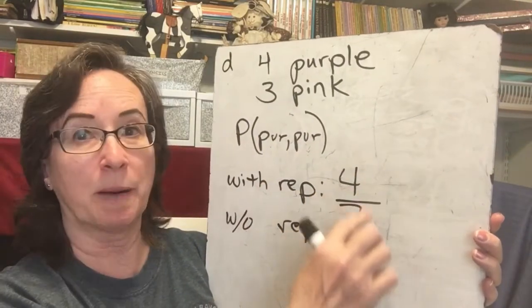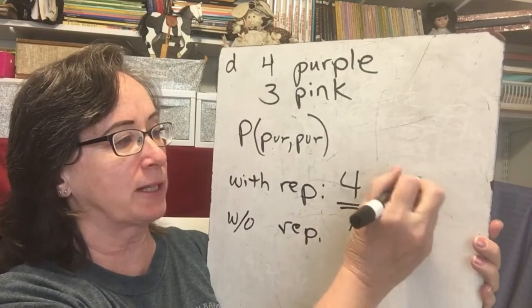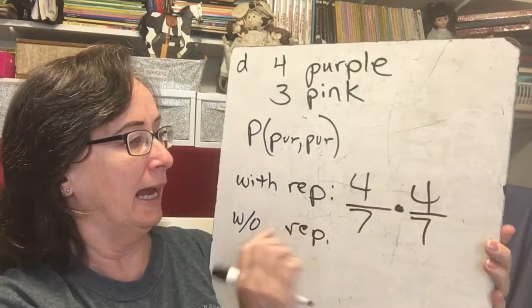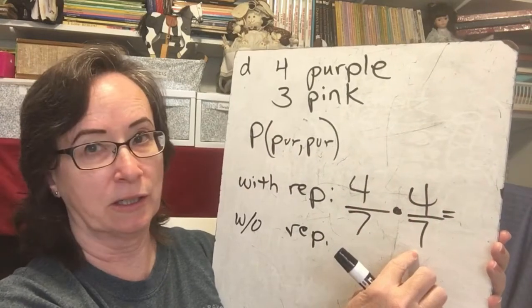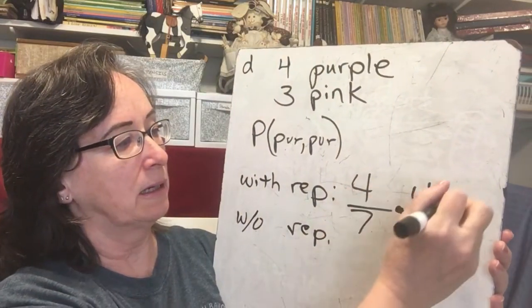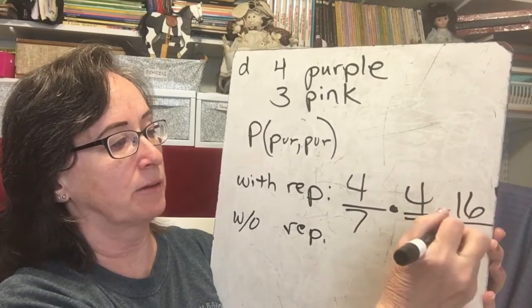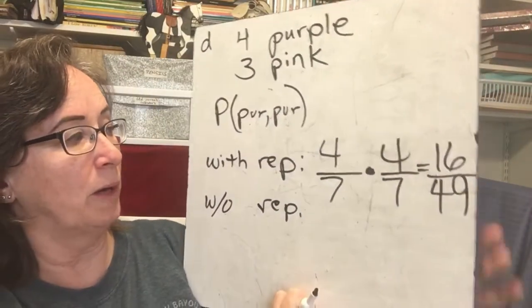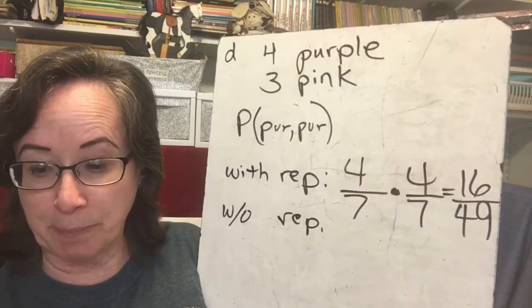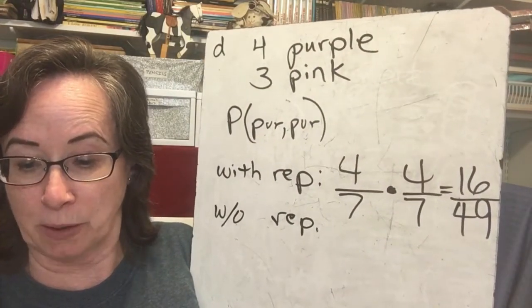And so our probabilities will not change for the second draw. And we would have 16 over 49 would be the probability that I would get a purple and then another purple.